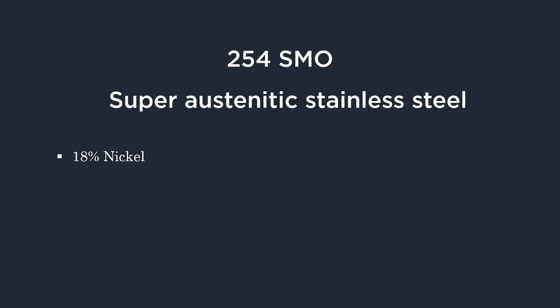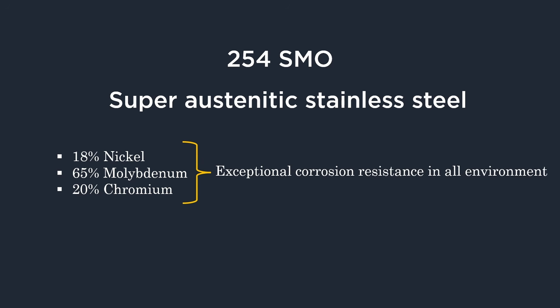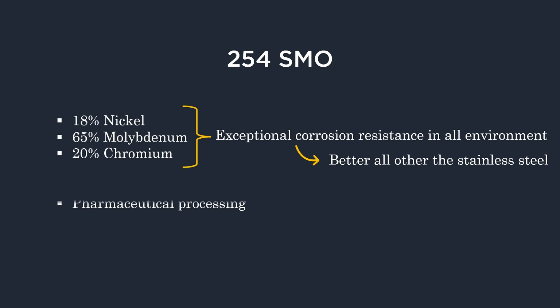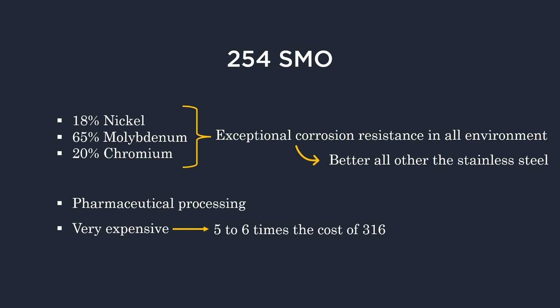It contains very high nickel and molybdenum, which gives it exceptional corrosion resistance in all environments, better than all other stainless steels. Their main application is where failure from corrosion is not acceptable, mostly in pharmaceutical processing. And the biggest drawback is, of course, it's very expensive. It's nearly 5 to 6 times the cost of 316.